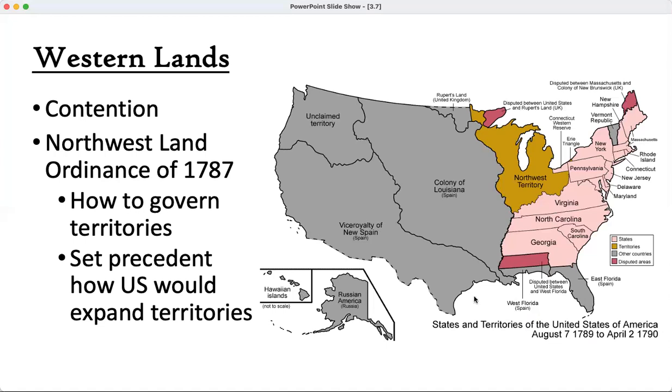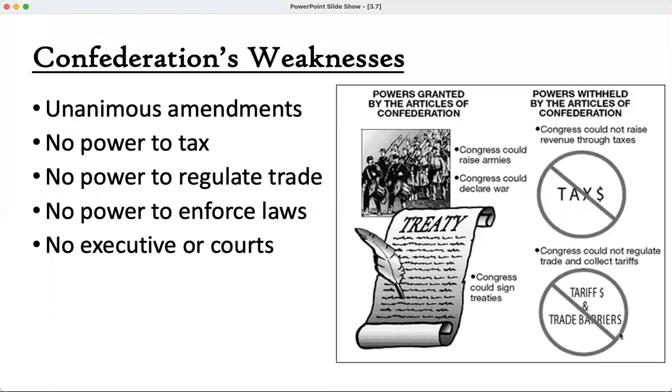All right, so if those are the pros of the articles, what are its weaknesses? And oof, its weaknesses are abundant. So first of all, as problems arise, the Articles of Confederation don't have any effective way to change itself, right? It's one thing to be like, here's our system.